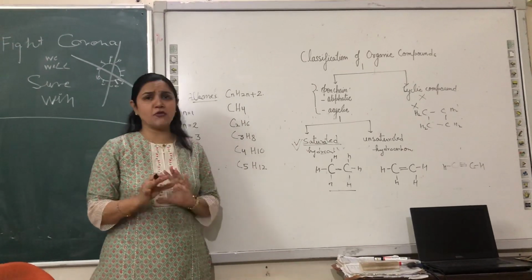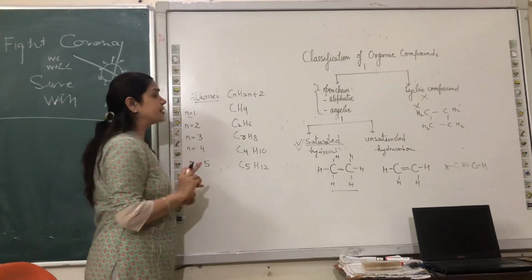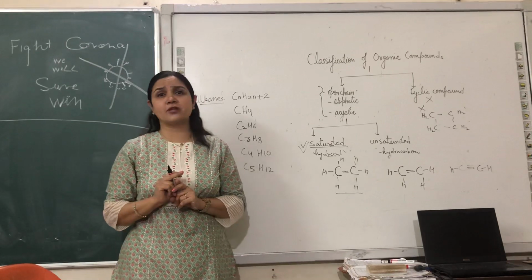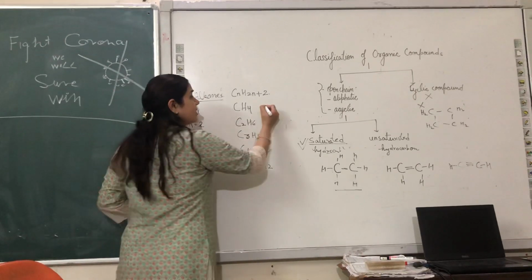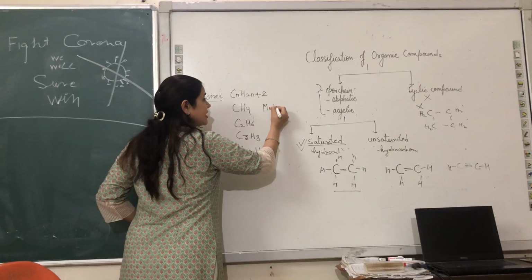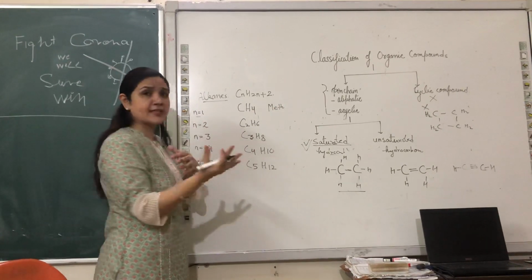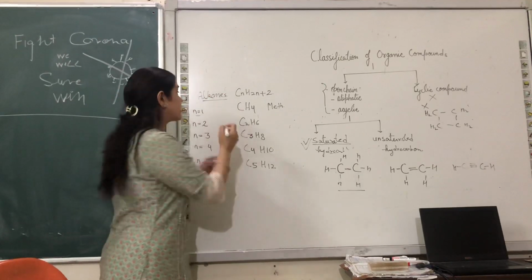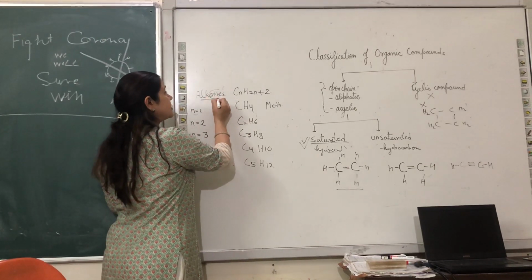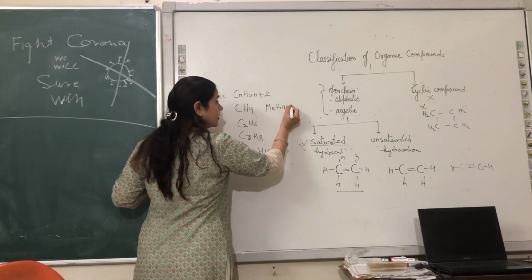There are some rules for it. When you put n equal to 1, there is always a prefix for this, and the prefix will be meth, M-E-T-H. This you will have to memorize. And the suffix, that means what comes after, will remain the same, and it will be ane.